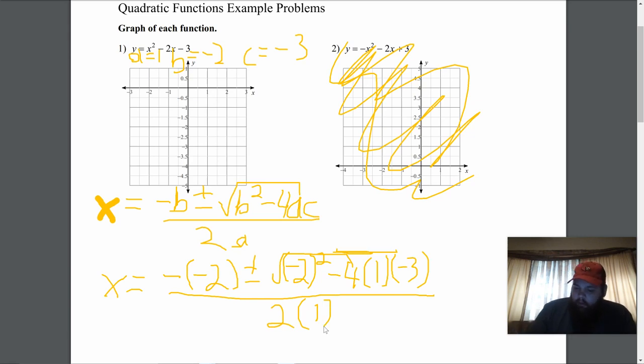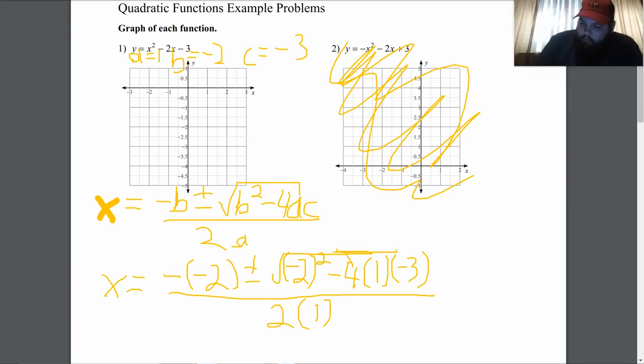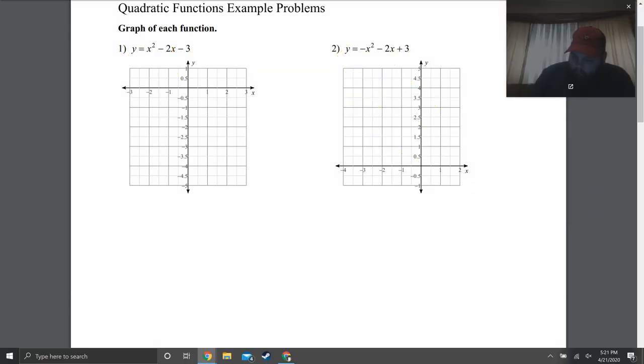Okay. And here's the problem we get with this. We kind of run out of room. Let me move my picture up to the top here. Come back to that one.